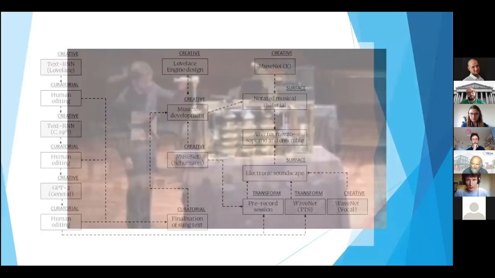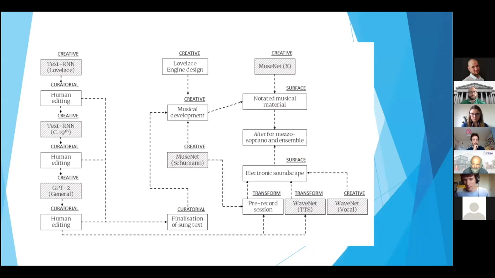I'll play a bit of this piece in a moment, but for now, let me show you the big graph. I'm going to go through this in a little more detail just to show how this piece was written. At the end here, the final product is this piece, Alter, for mezzo-soprano and ensemble. On stage, what you see is a combination of musicians playing notated musical material and an electronic soundscape that's played through the speakers.